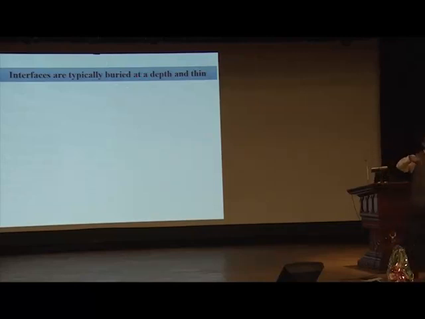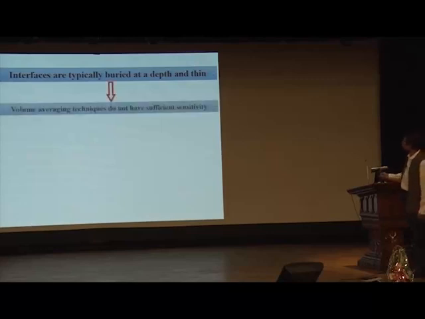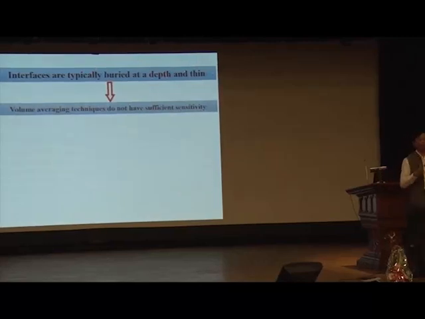So you need to look inside, and the part that you want to look at has no width at all in that direction when you're looking in, which means that it's extremely thin, because if it would be very thick, then you have a phase there, and it's not the interface that you're looking at. So it's hidden from you, and being very thin, any volume averaging technique will not give you the signal, because the signal sensitivity would be very small, because you'll see everything on both sides, A and B. The interface of A and B contributes very little.